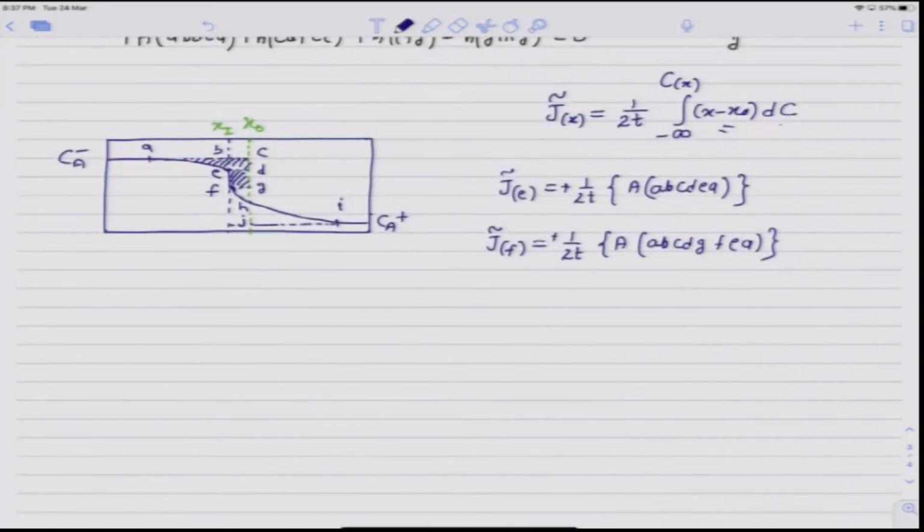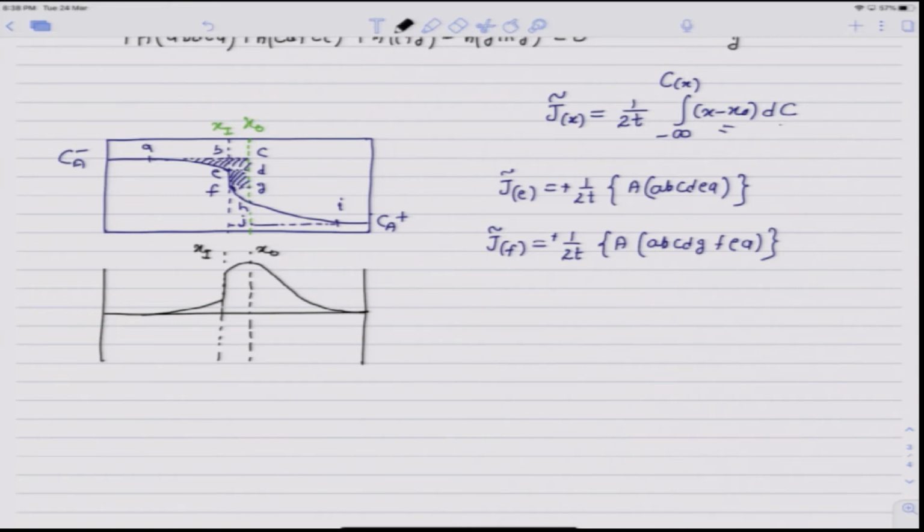So, if you draw the diffusion flux profile, this is xi, this is x naught. The diffusion flux is positive, it increases, and suddenly there is a jump at the discontinuity, that is at the interface, and then it increases again until the Matano plane. At the Matano plane it reaches a maximum and then starts decreasing.